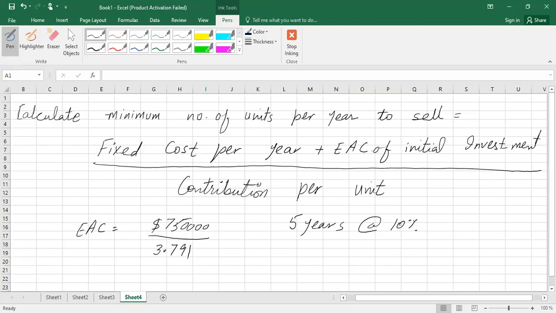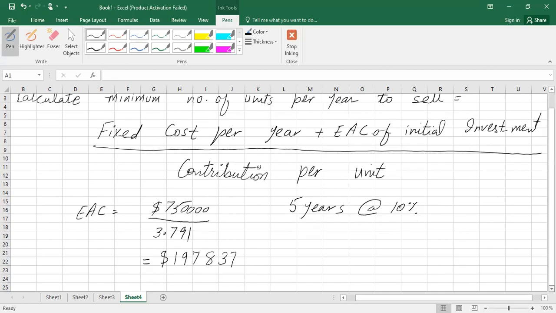So 750,000 divided by the fifth-year annuity factor at 10%, which is 3.791. It is 197,837.